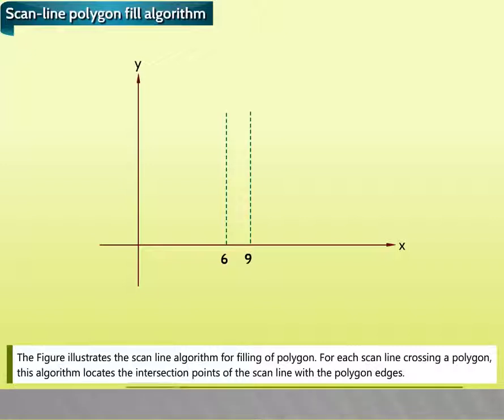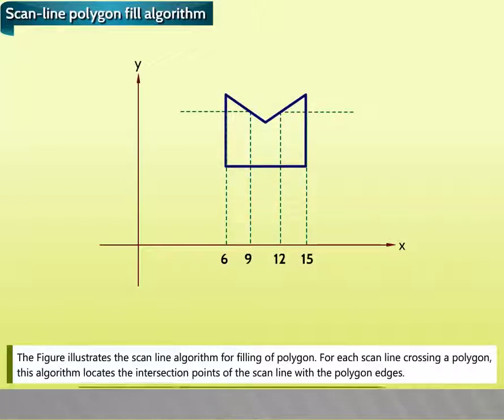The scanline algorithm for filling of polygon. For each scan line crossing a polygon, this algorithm locates the intersection points of the scan line with the polygon edges.